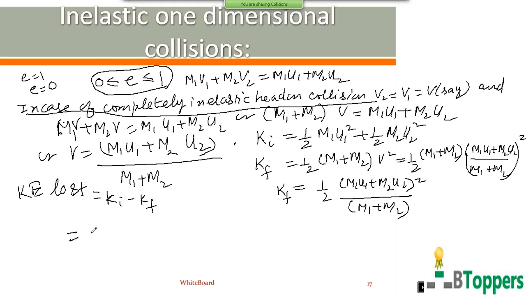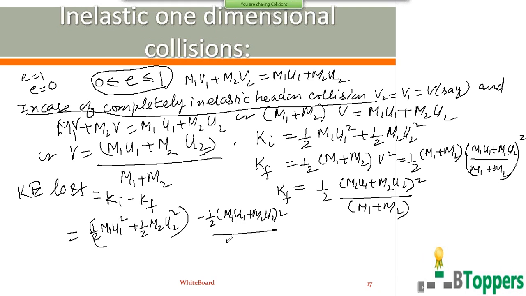Here Ki equals half m1 u1 square plus half m2 u2 square, and Kf equals half of (m1 u1 plus m2 u2) whole square by (m1 plus m2).